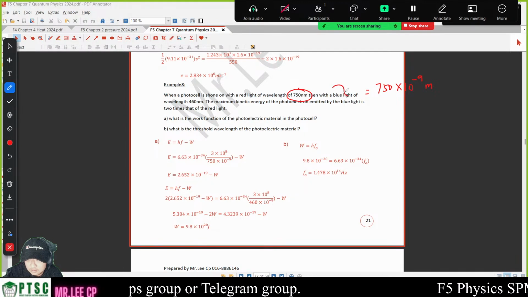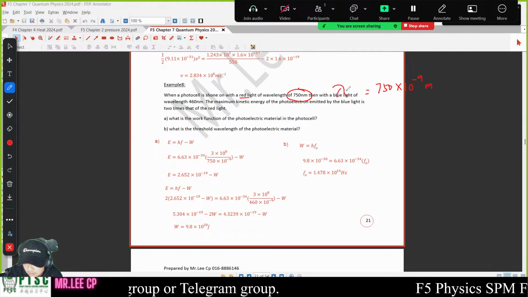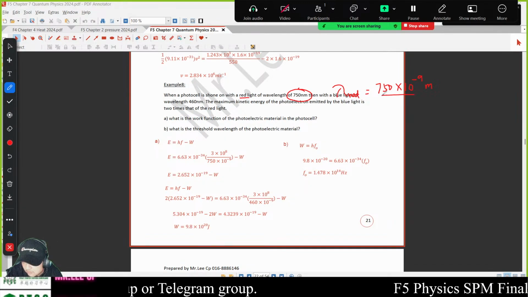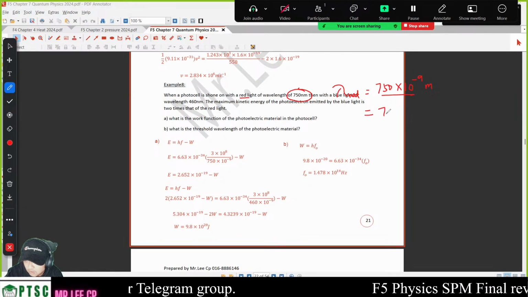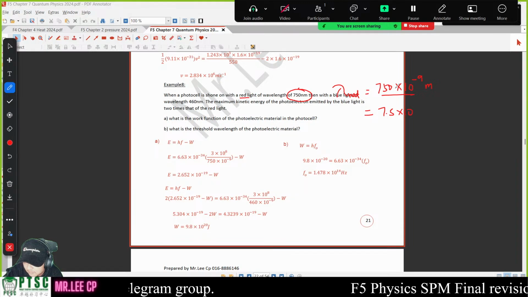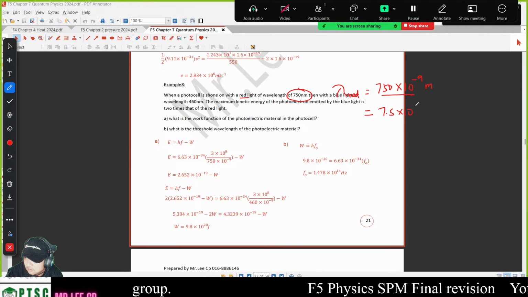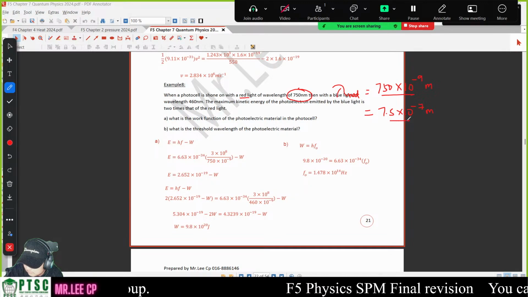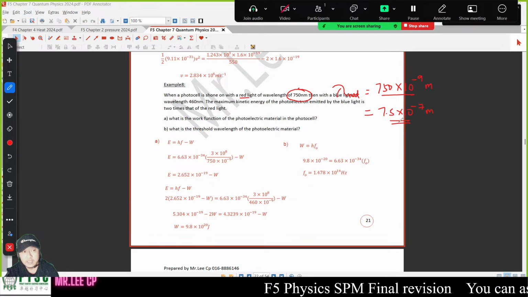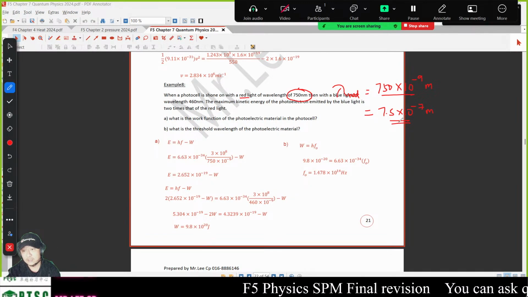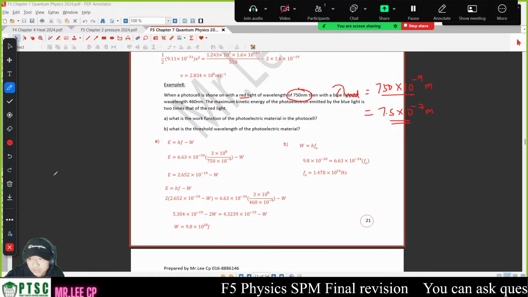So the lambda, you need to write it out times 10 to the negative 9. So this one 7.5 times 10, this one move 2 decimal, so this one becomes negative 7. Okay, you need to write it out on your own. I told you already. Make sure you know. Okay.